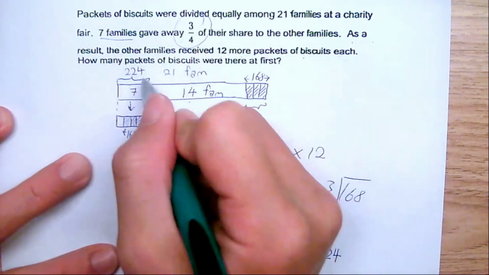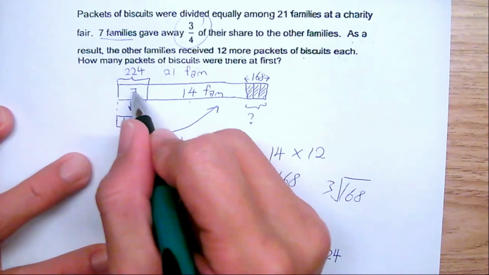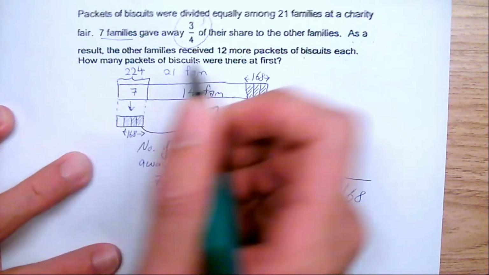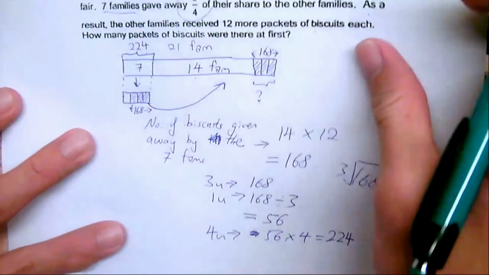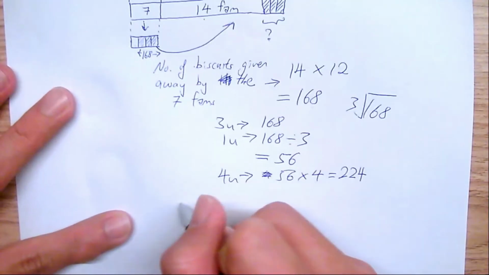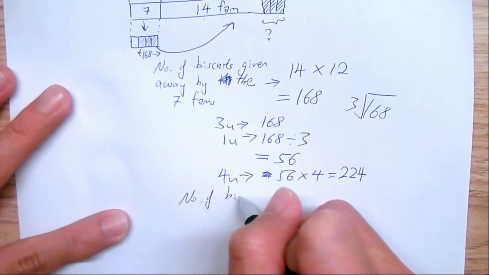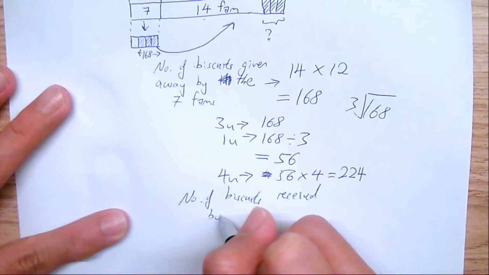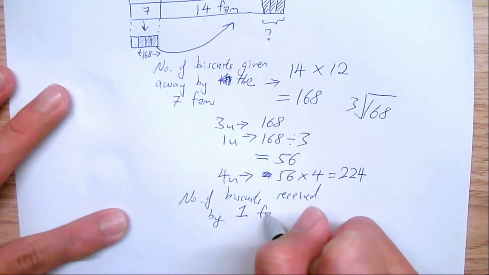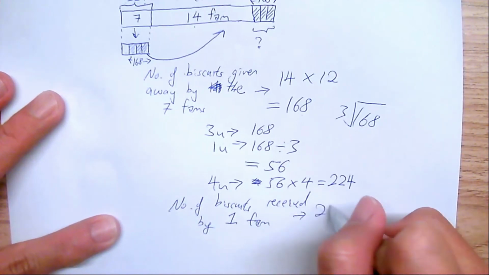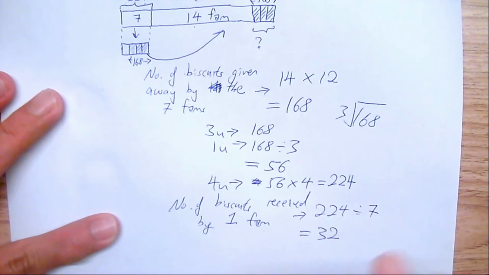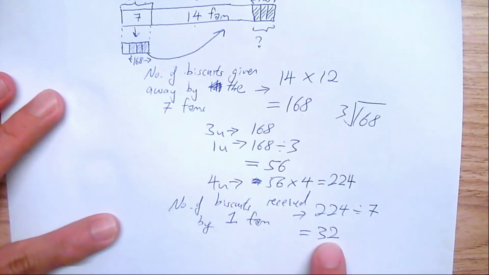Now, I have the information that 7 families altogether received 224 biscuits. So I'm going to find 1 family. Number of biscuits received by 1 family will be 224 divided by 7. This will be 32. So 1 family receives 32.